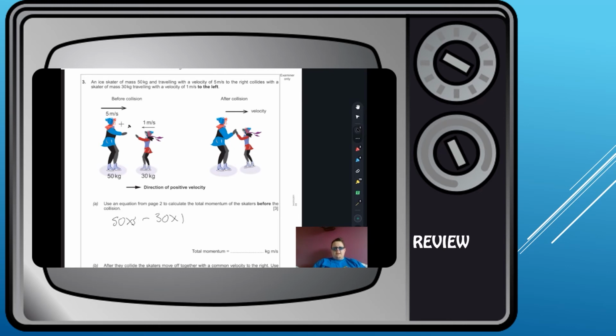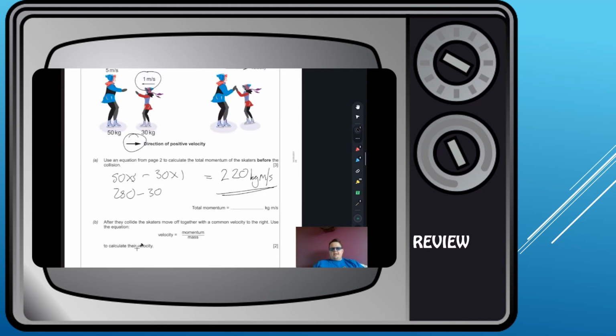Remember, take away, because this is going in the opposite direction, it tells us this is the positive. So that's going to equal 220 kilograms meters per second. Yeah, 250 take away 30 is 220, for 3 marks.